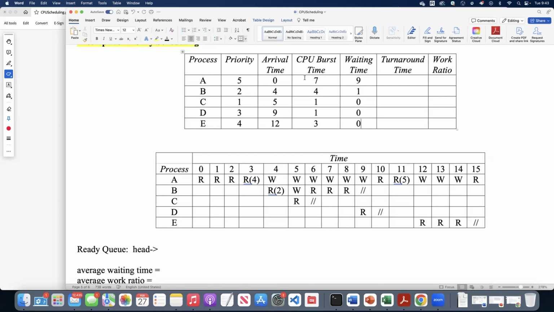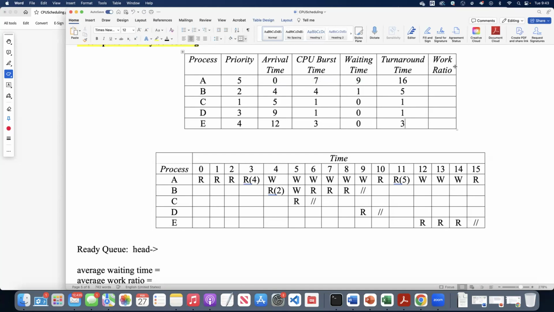The turnaround time equals the CPU burst time plus the waiting time. This is 16, 5, 1, 1, 1.